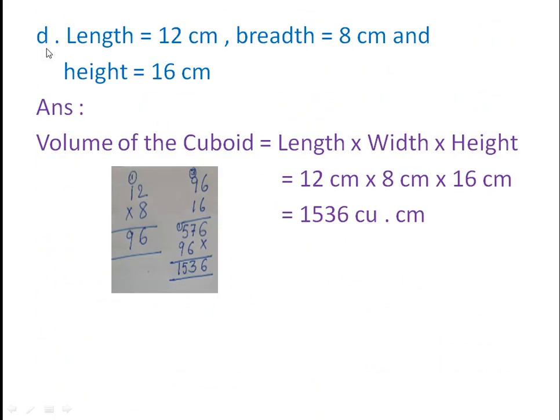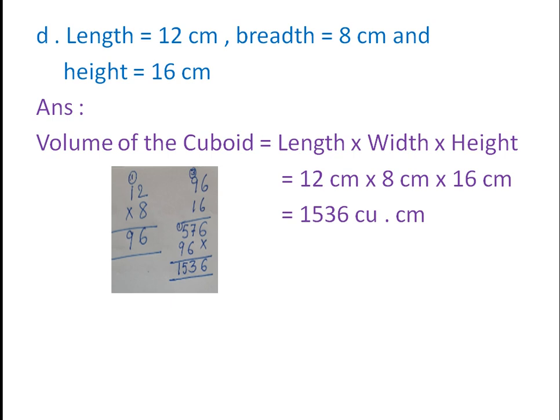Next, D. Length is equal to 12 centimeters, breadth is equal to 8 centimeters, and height is equal to 16 centimeters. First write down the statements and write down the formula also. Volume of the cuboid is equal to length multiplied with width multiplied with height. Length value is 12 centimeters, width value is 8 centimeters, height value is 16 centimeters.